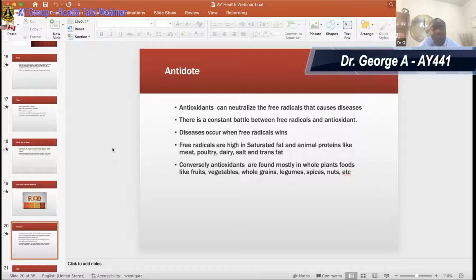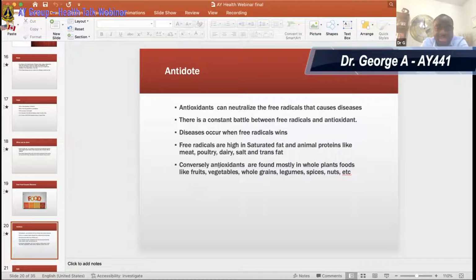Free radicals are high in mostly animal products and fats, like meat, mostly red meat, poultry, dairy, salt, and trans fat. If your food contains these, you risk getting all kinds of diseases. You risk being one of the 1 in 2 men who get cancer.